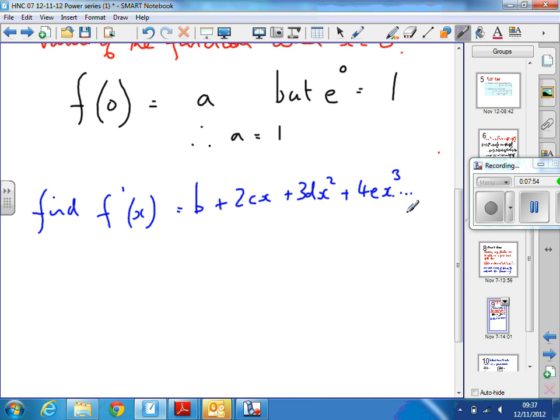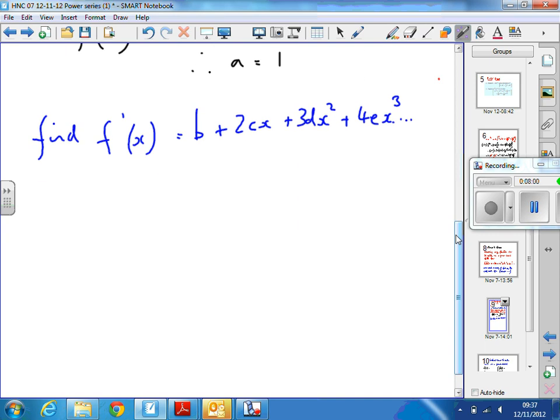So what do you think we do now to try and find out what b is? We let the differential equal, no, what did we do last time? 0. We let it equal 0 because then all the terms disappeared. So we now find f prime 0.